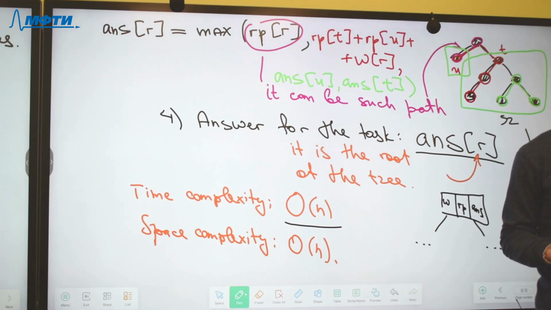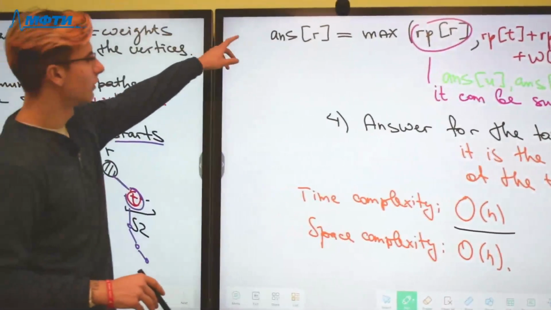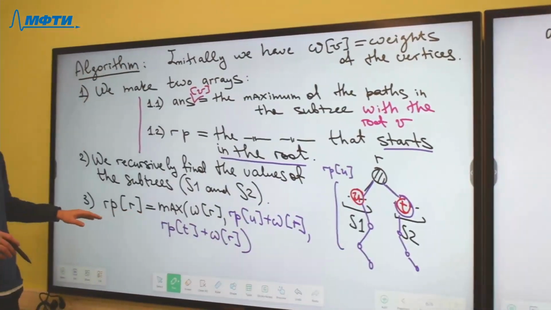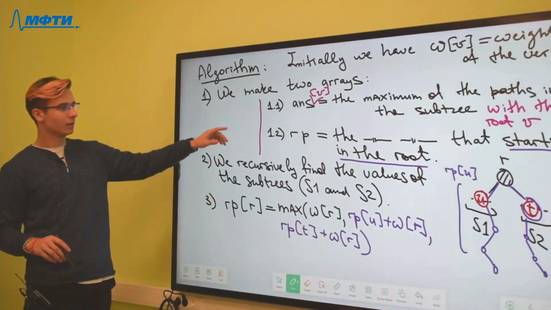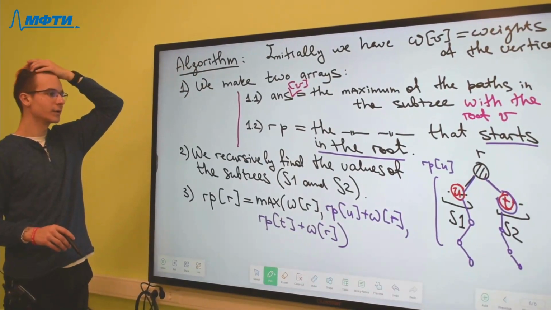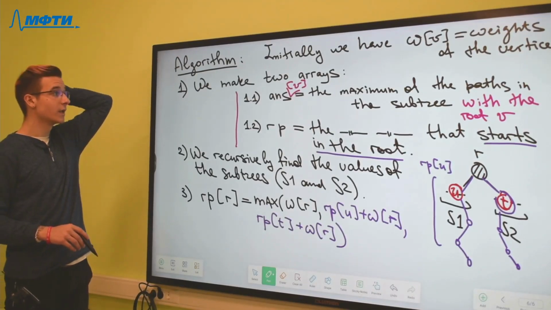Guys in the Zoom, do you understand how we compute these numbers recursively, ans and rp, and why these two arrays connect with our task?